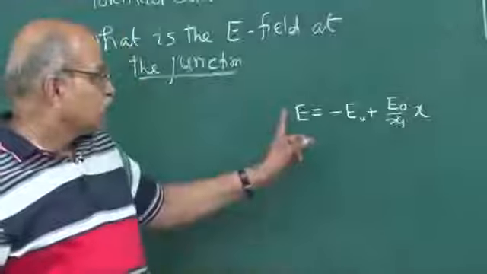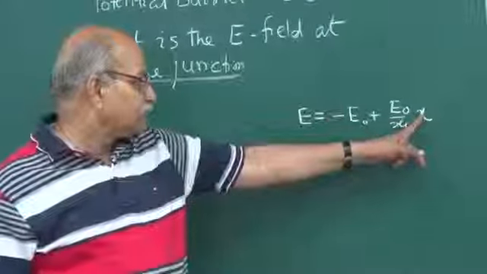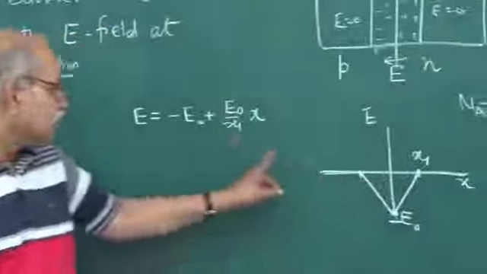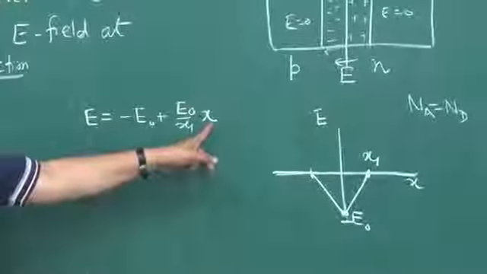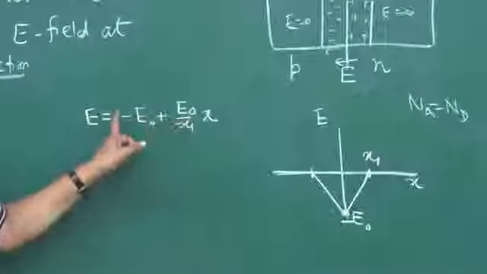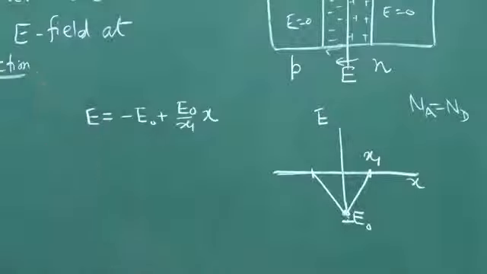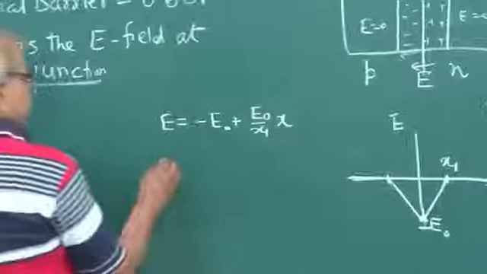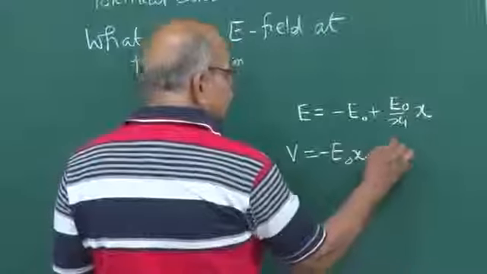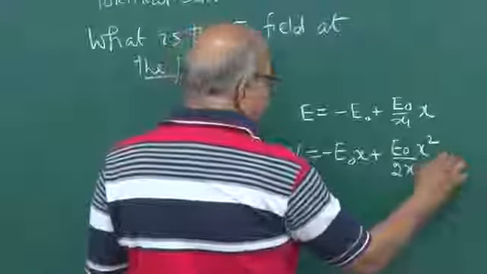Just check: this is a linear equation, and at x equal to 0, E is minus E naught. At x equal to x1, x over x1 is 1, so minus E naught plus E naught is 0. Now you can integrate to get V. V will be minus E naught x plus E naught over 2 x1 times x squared, plus some constant.